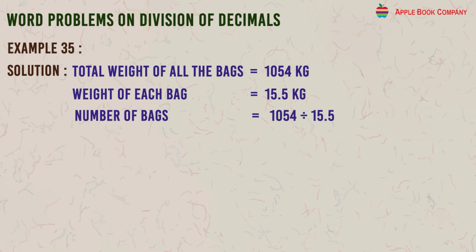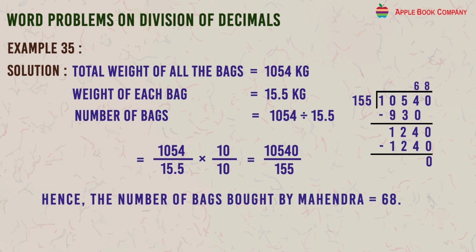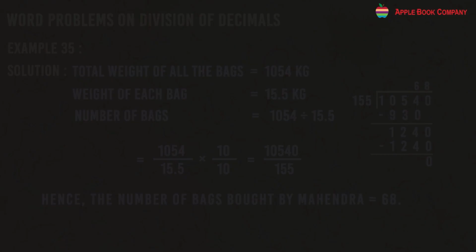Number of bags is equal to 1054 divided by 15.5. So converting them to whole numbers, we get 10540 divided by 155, and we are left out with remainder 0 and the quotient as 68. Hence the number of bags bought by Mahendra is equal to 68.